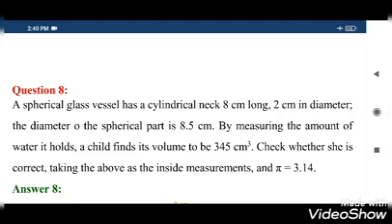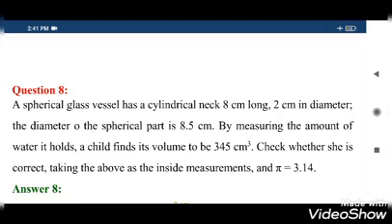So here is a spherical vessel with a cylindrical neck. You know that this is a combination of a spherical part and a cylindrical part, cylinder and sphere.